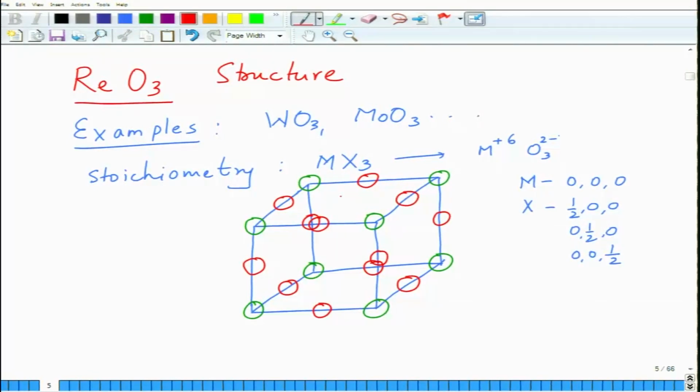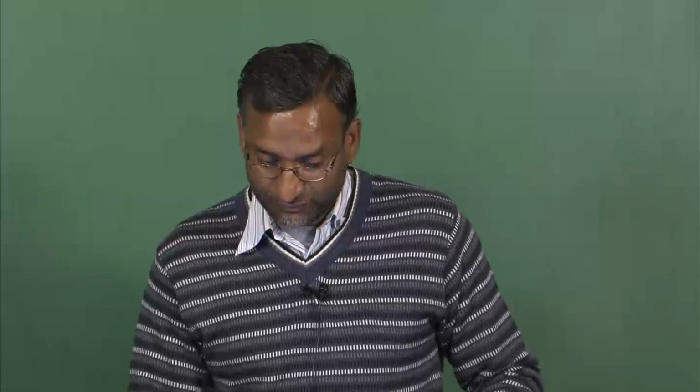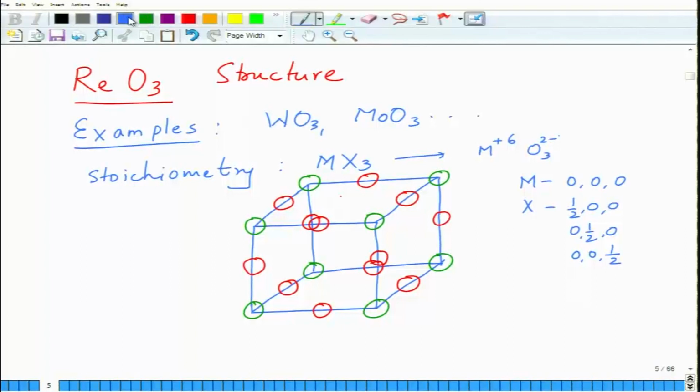So, what is the coordination of M in this case? M's coordination is, if you go in this direction, this direction, and this direction, you will have one O here, here and another O here. So, it will be 6-fold coordination.